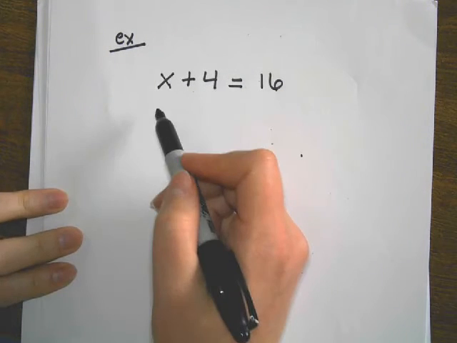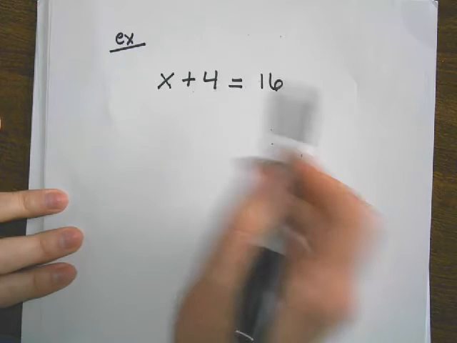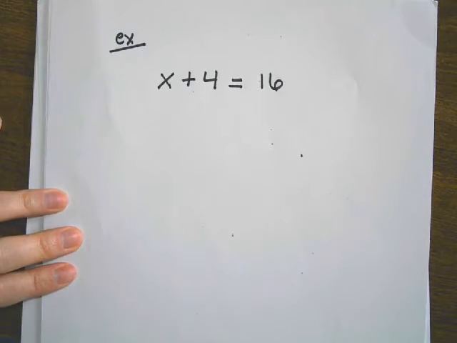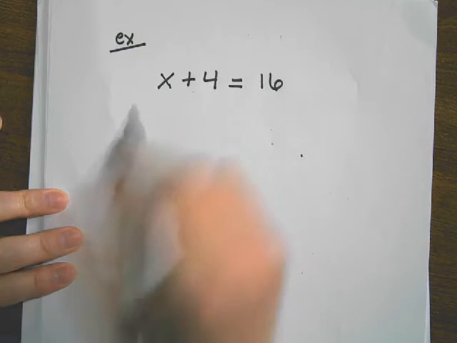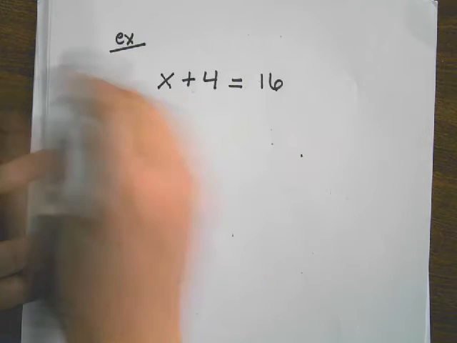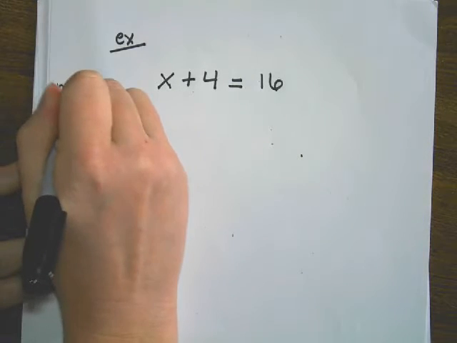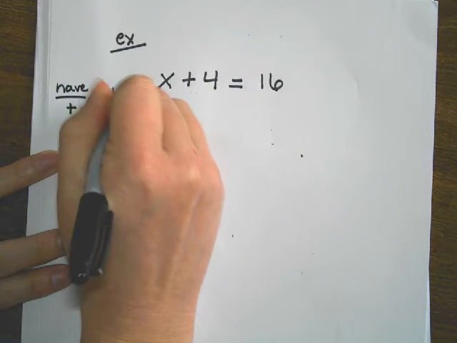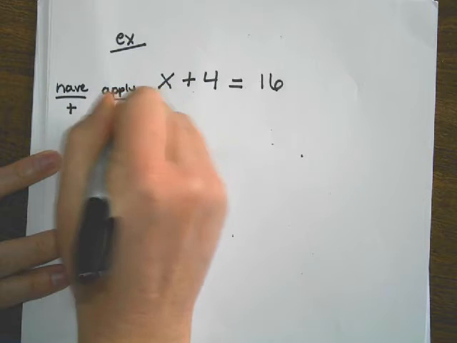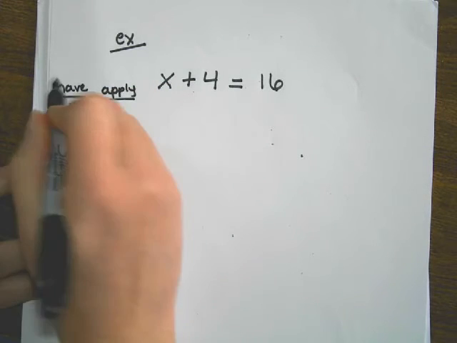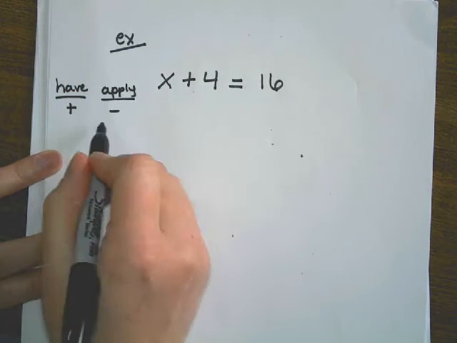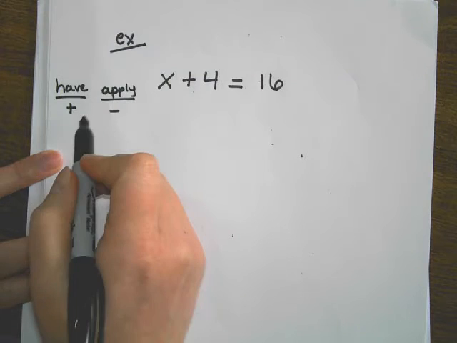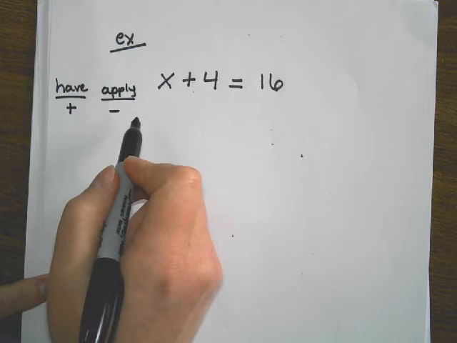What number, if I start there and I add 4 to it, gives me 16? But the way I'm going to figure that out is I'm going to do the inverse operation. So since I have addition, I'm going to apply subtraction. So this is just from our table that I made on the first slide. If I have addition, I'm going to apply subtraction.